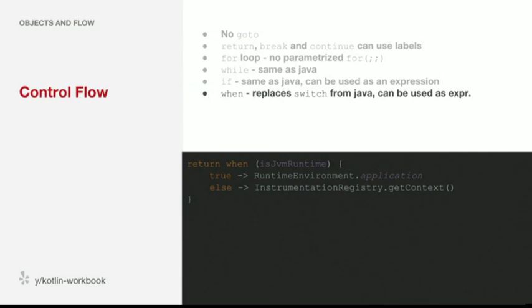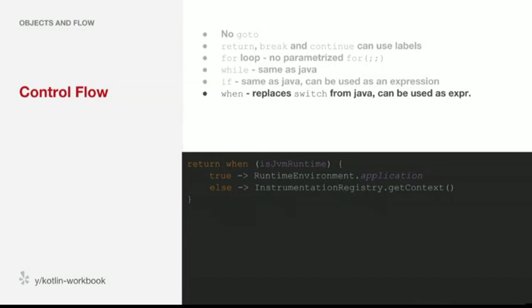You can provide when with a parameter, in this case, this Boolean that we had been using before. And each arm basically just checks how it evaluates. So if the JVM runtime is true, like we said, the last thing in the evaluated block is returned for this expression. So in this case, if the JVM runtime is true, then we return this runtime environment application.